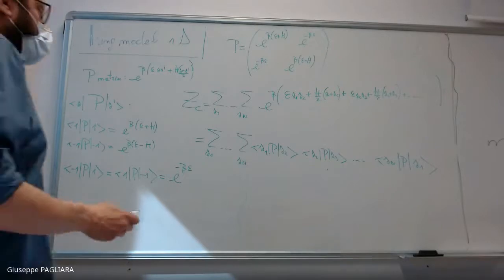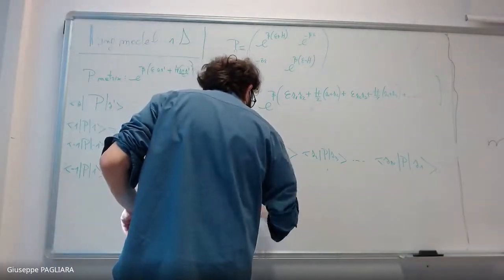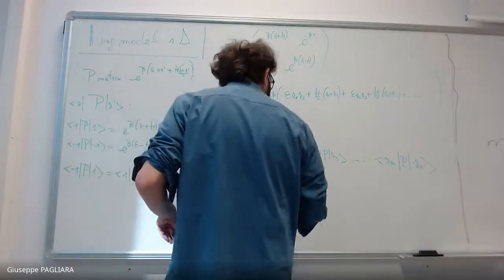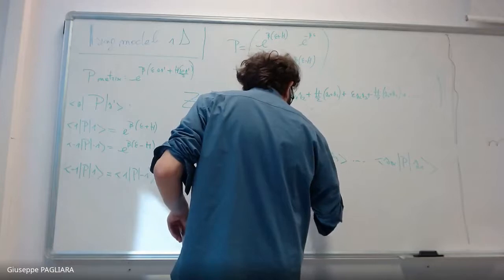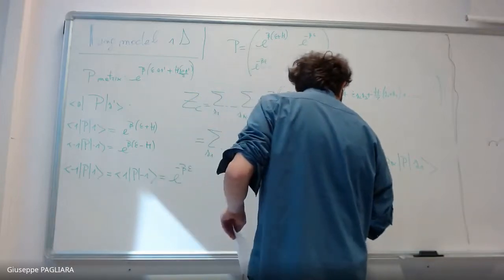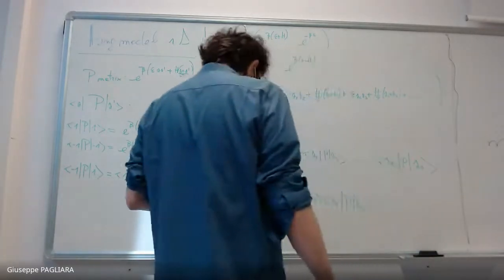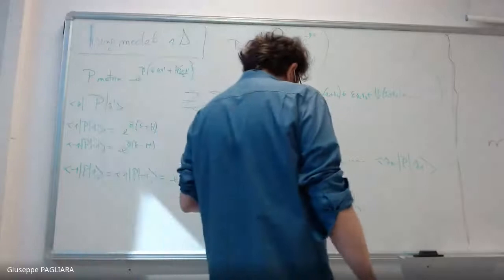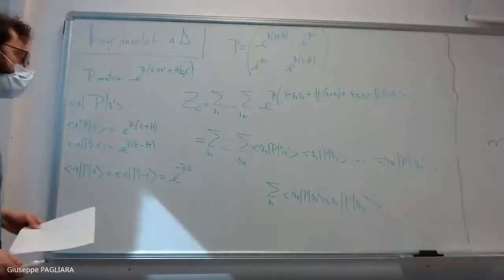Now, if you take, for instance, the sum over S2 of ⟨S1|P|S2⟩⟨S2|P|S3⟩, what is this sum here?